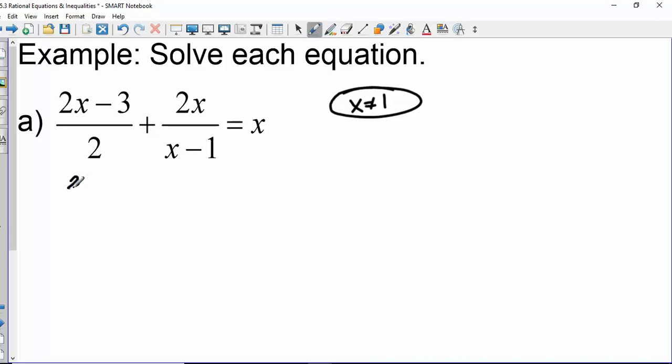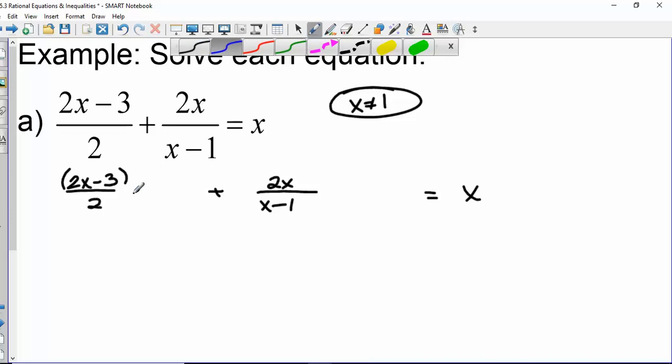I'm going to rewrite this just to give myself a little more room. You don't have to do that. I just want to show you exactly what we're going to do. So there's really 3 terms. In this first one, if I wanted to cancel my denominator, what would we have to do? All we really have to do is multiply by that 2, right?